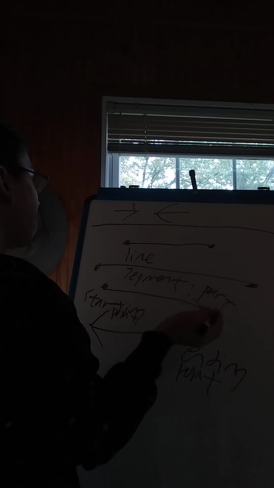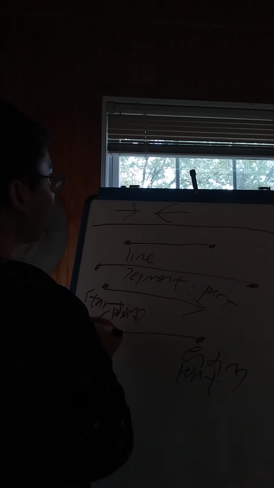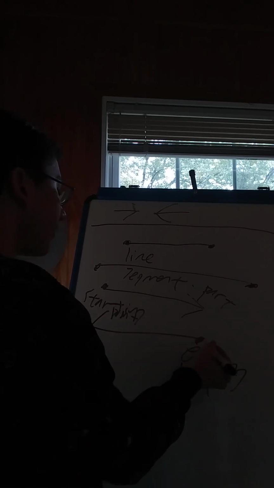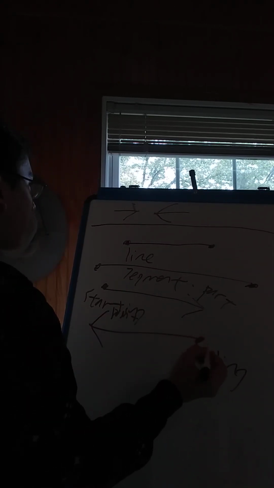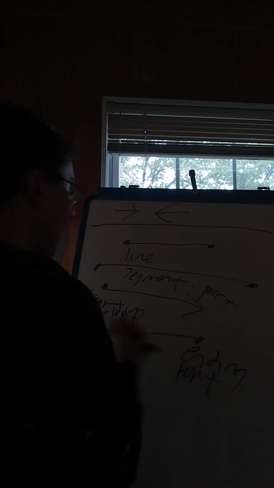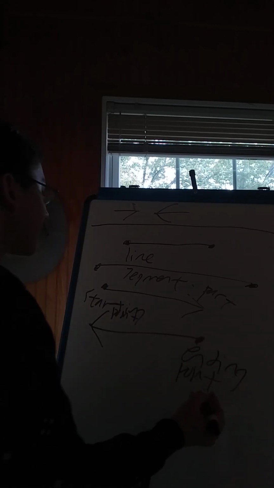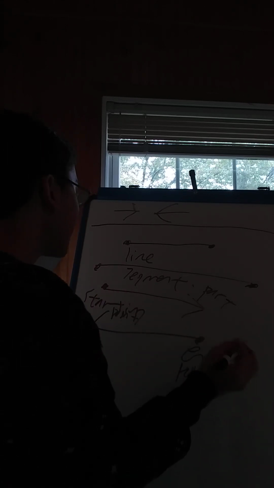Say, this is the line, this is part of it, this is another part of it, this is the beginning point, and it goes on and on and on, and now you've come to the end of the line. With the ending point over to the right side of the line, you go back, and you go further back to, say, the beginning of the line with this arrow pointing left. So if the arrow is pointing left and the dot is to the right, it is the end of the line. If the dot is to the left of the line and the arrow is pointing right, it is the beginning of that line.